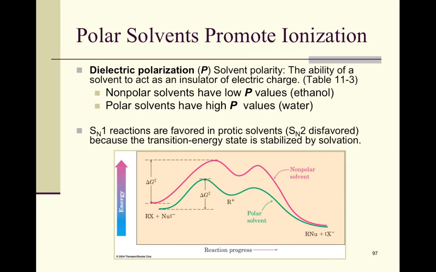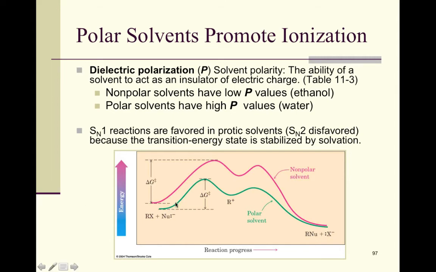Polar solvents promote ionization. Dielectric polarization P, solvent polarity. The ability of a solvent to act as an insulator of electric charge. Nonpolar solvents have low P-values, such as ethanol, where polar solvents have high P-values, such as water. SN1 reactions are favored in protic solvents. Remember, they are disfavored in SN2 because the transition energy is stabilized by solvation.